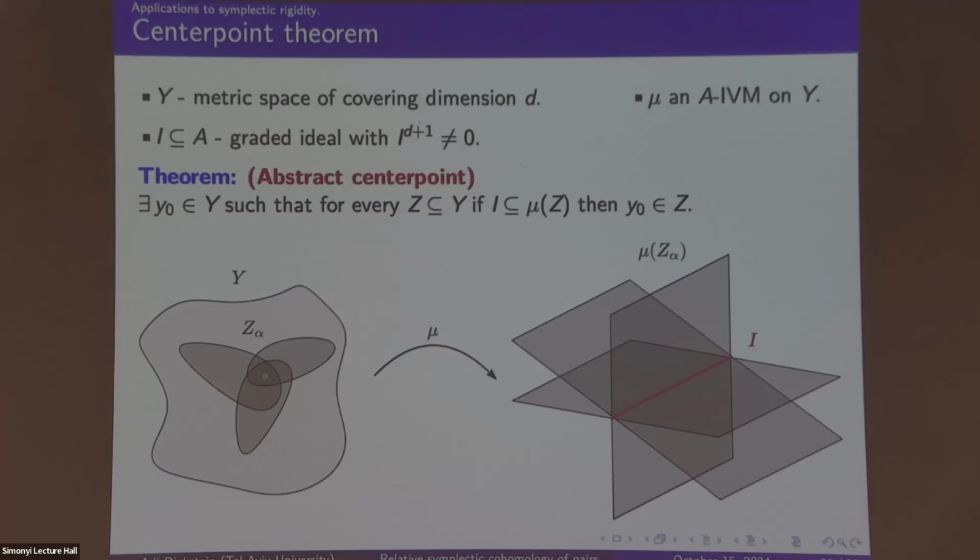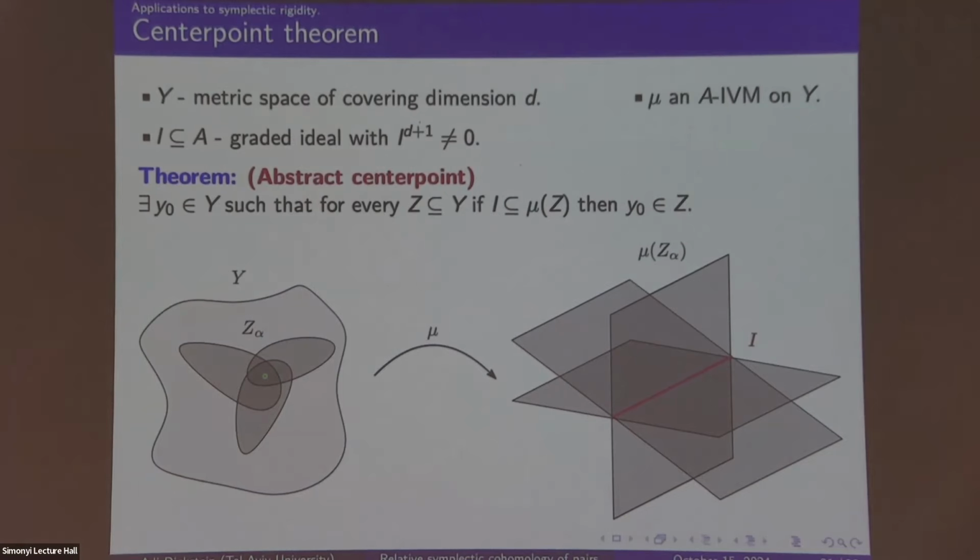What we proved is that there is a point Y0 such that for any compact subset Z, if I is a subset of the measure of Z, then Y0 belongs to Z. So it means that if you have a subset Z and its measure contains I, then it contains Y0. So Y0 is in the intersection of all the sets of this type. There is a non-trivial intersection here.